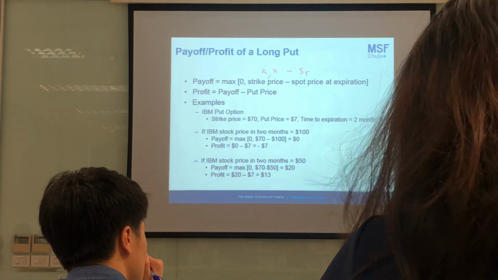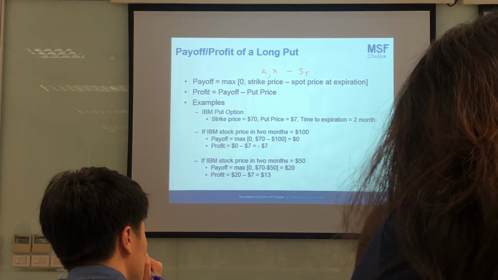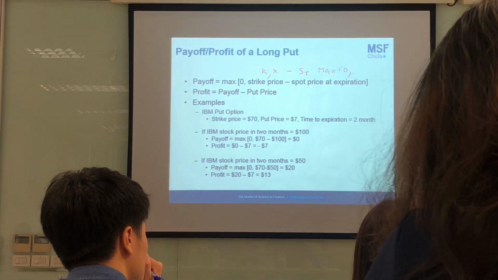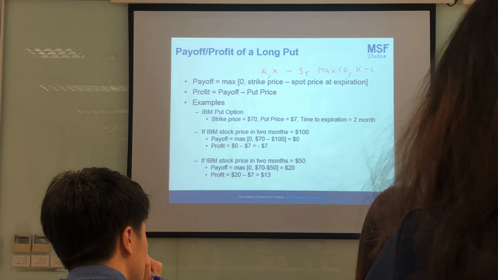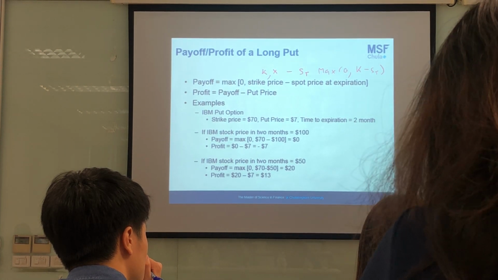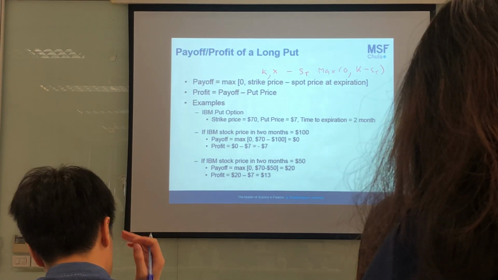So in short, payoff equals max(0, K minus ST), the exercise price minus the value of the underlying asset at expiration T.